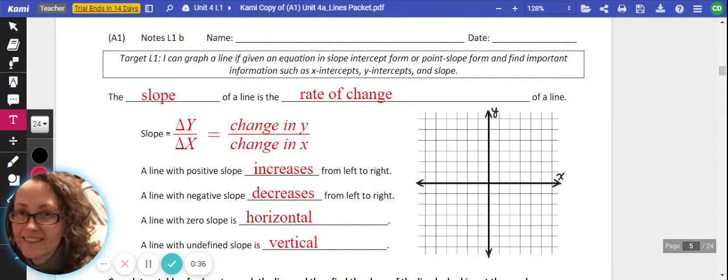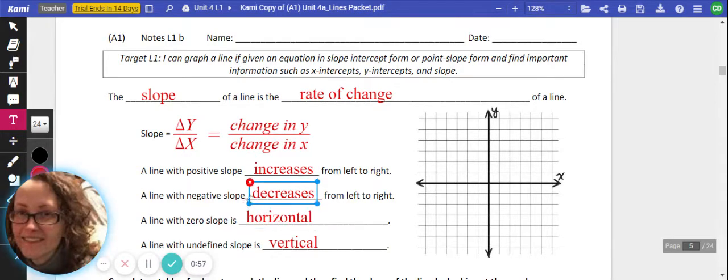If I have a line with a positive slope, that is going to increase from left to right. And I always read from left to right, basically because that's how I would read a book. You would start on the left side of the page and move to the right side of the page.